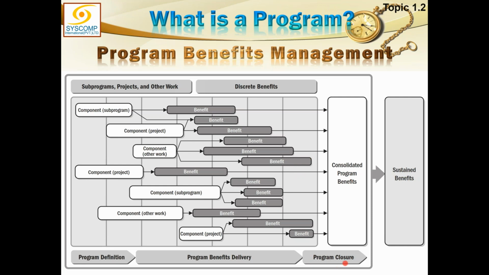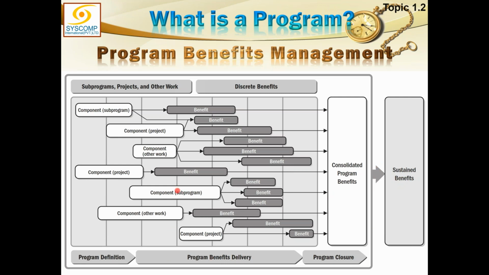While the program closure is happening, they have to be consolidated if it is to be delivered consolidatedly. Otherwise, these benefits can go directly to the customer. So, if they have to be consolidated, they are consolidated during program closure, and then they are transferred as sustained benefits. So, this is where the program job completely finishes.